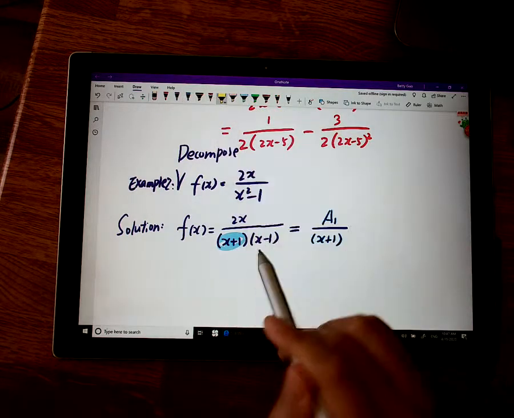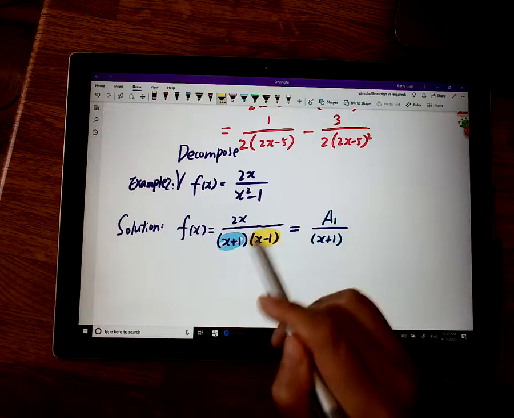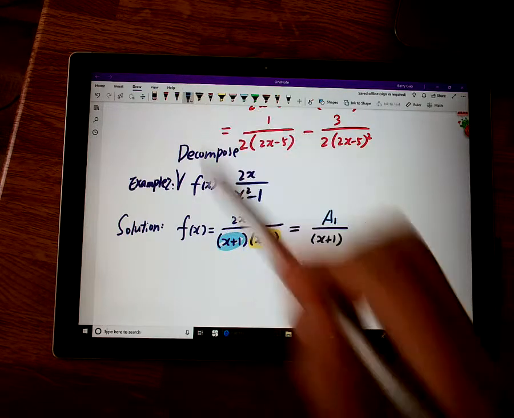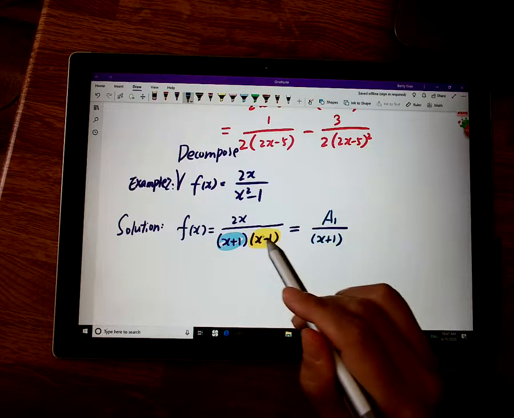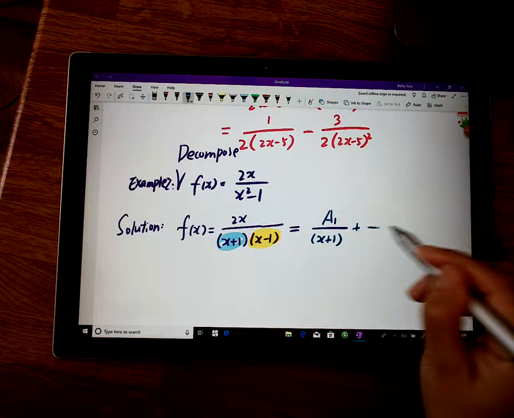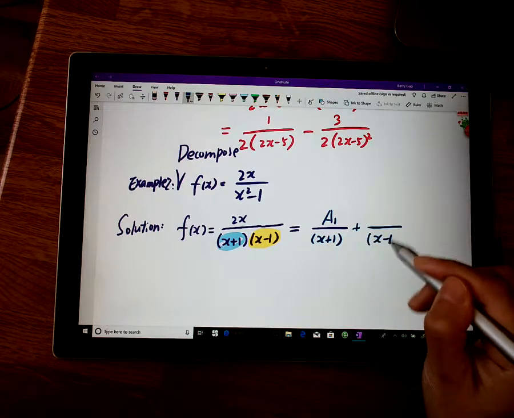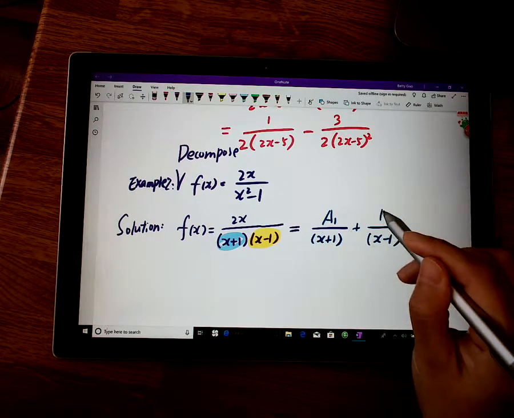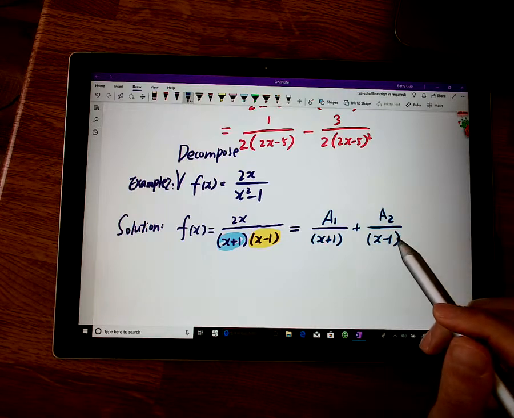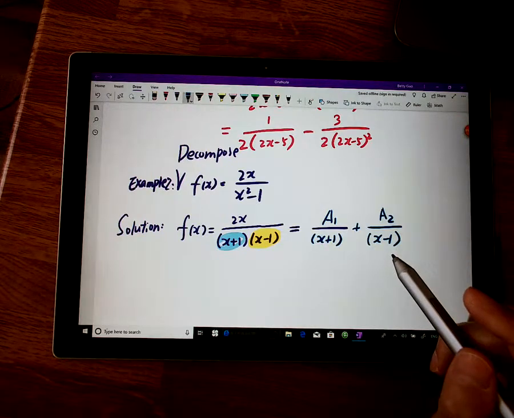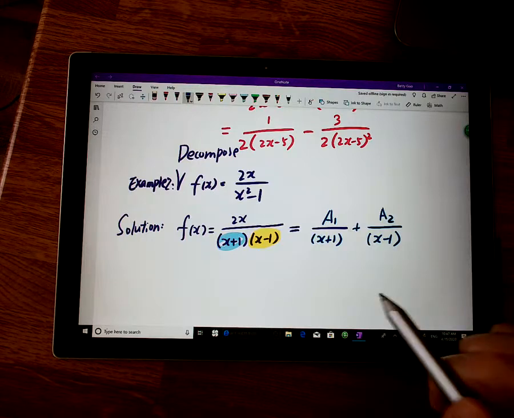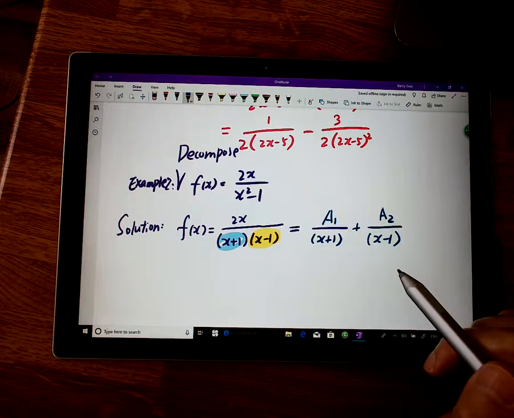And secondly, we're going to do this part. It is also a prime binomial. The exponent is 1. So for the formula for that part, we also only have one term, x minus 1 on the bottom, and the numerator is going to be a constant. You can see in all the decompositions, in all the expansions, the numerator always has degree 1 less than the degree of the bottom.